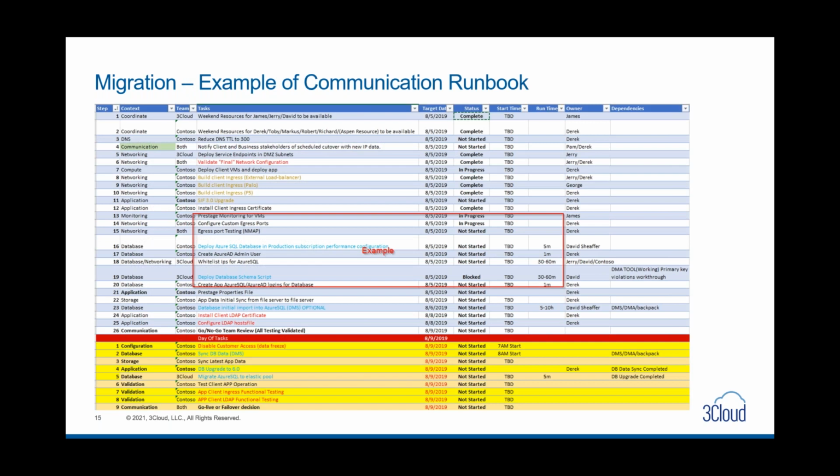This is an example of one of those communication runbooks that I like to highlight, laying out a game plan with enough detail and accountability, which is key with regards to alignment and who's doing what.